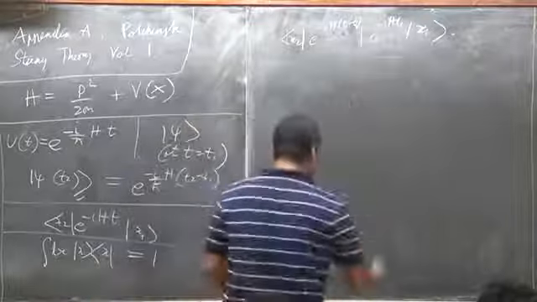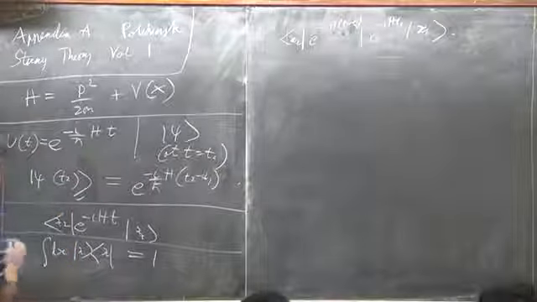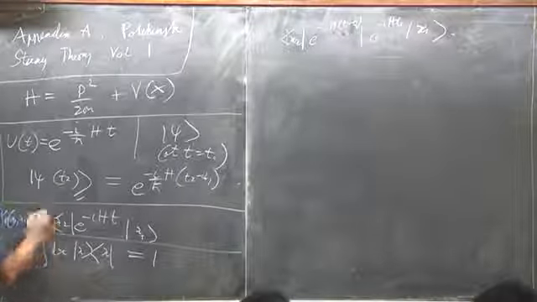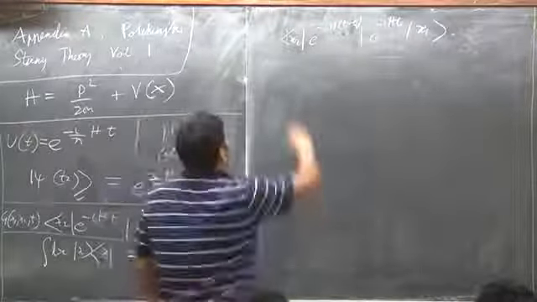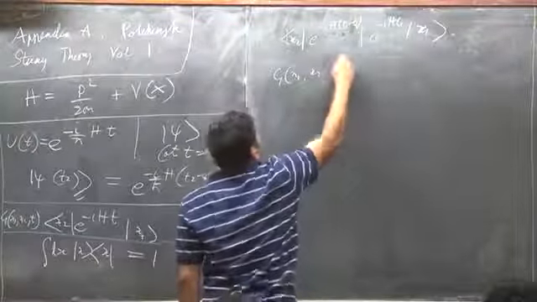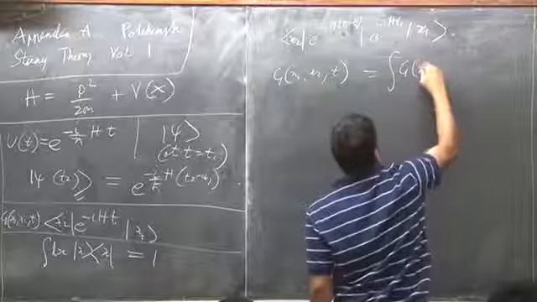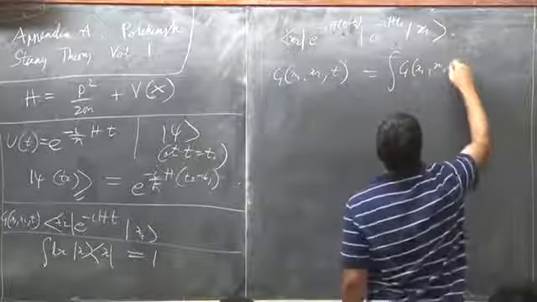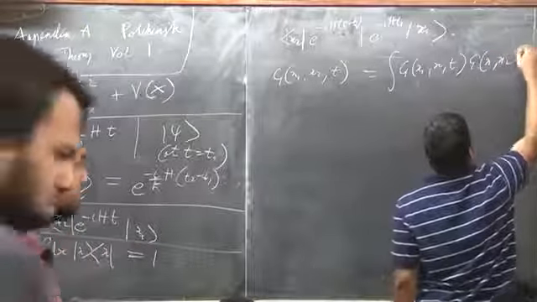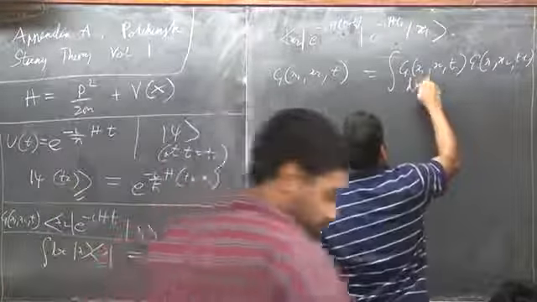Let's call this object G of x1 to x2 in time t. Clearly, by inserting our identity, G of x1 to x2 in time t is equal to the integral over x of G of x1 to x in time t1 times G of x to x2 in time t minus t1.